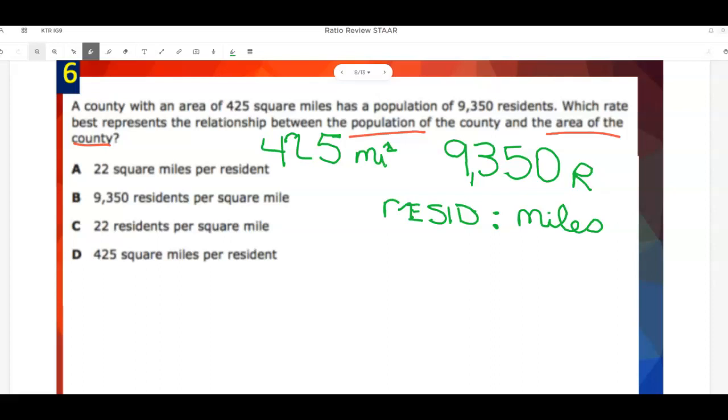So this doesn't make sense. Brogan. 440, because there's only 425 miles. They can't go into one because it's only that many miles. Right, can you imagine 425 square miles for one person? 400 miles for one person, per resident. That doesn't make sense.